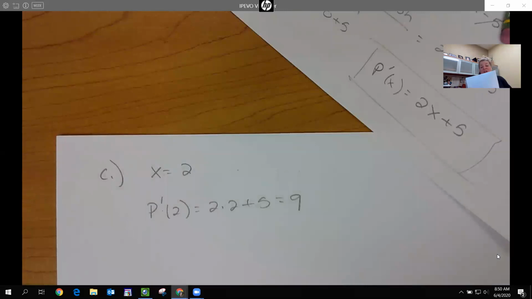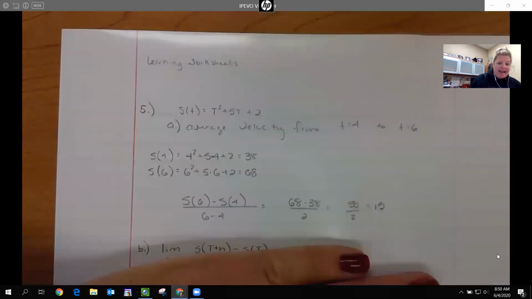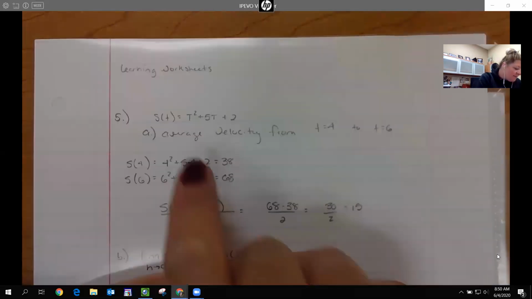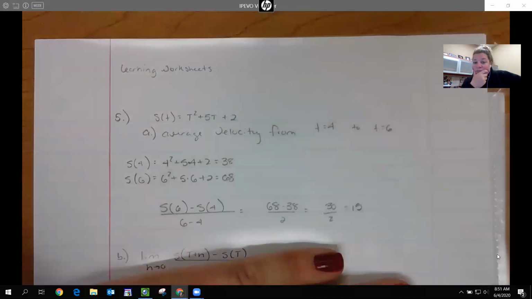If I did velocity, so the average velocity, I'm going to show this example here. It goes to here, and the average velocity of this formula, what if I ask the average from 4 to 6? I can do the shortcut of change in y over change in x.